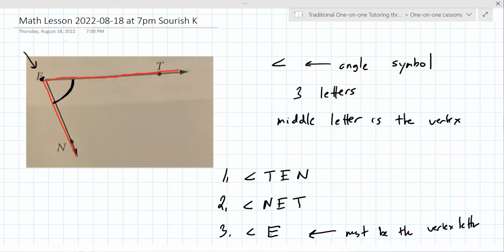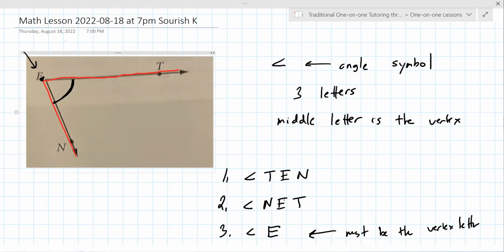Wait a minute, these are like the words. Net, ten. Yes. I wrote them down. So again, the middle letter has to be the vertex. That's very important.